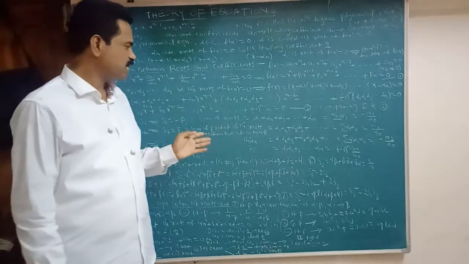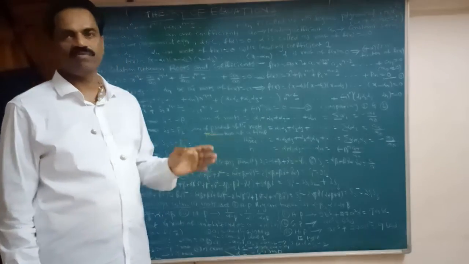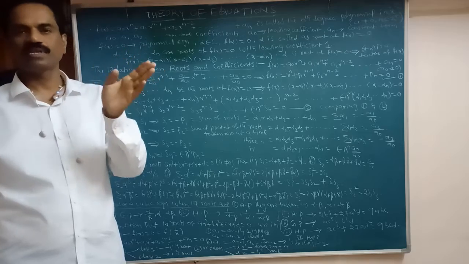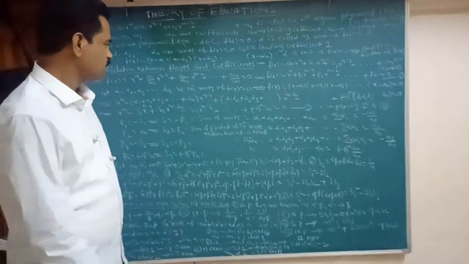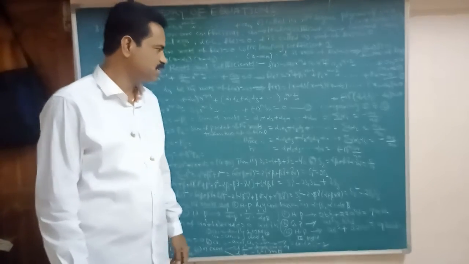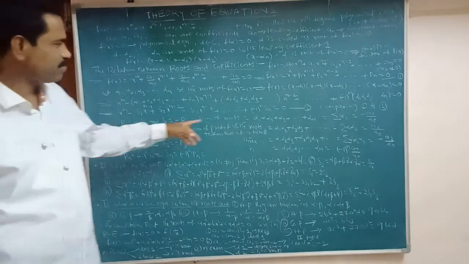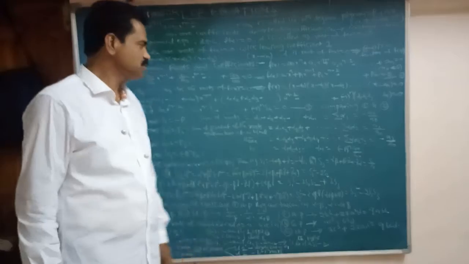Next minus the sum of products taken 3 at a time, that is alpha 1 alpha 2 alpha 3 plus alpha 2 alpha 3 alpha 4 plus alpha 3 alpha 4 alpha 5 and so on, into x power n minus 3, plus so on. So that is minus 1 power n into Sn equal to 0.